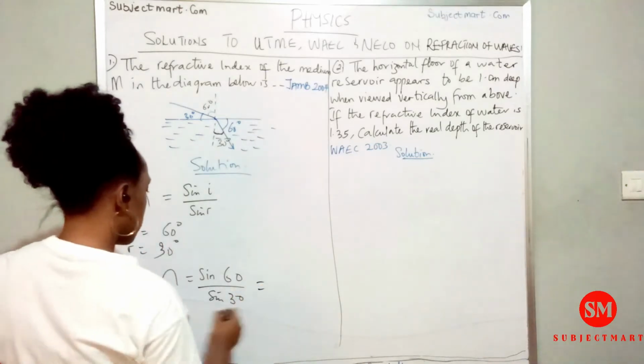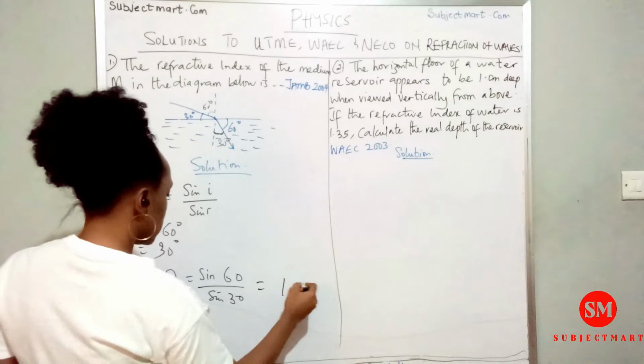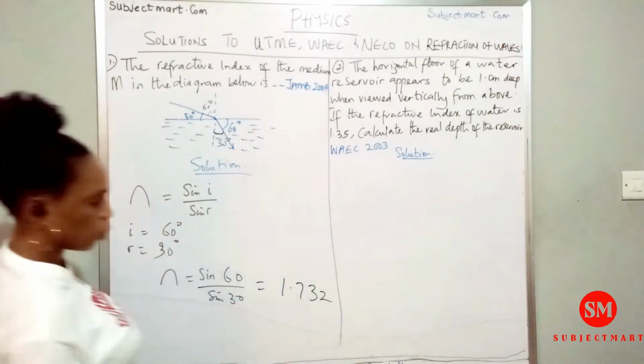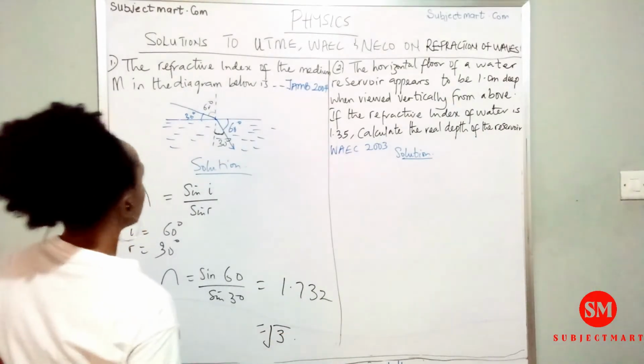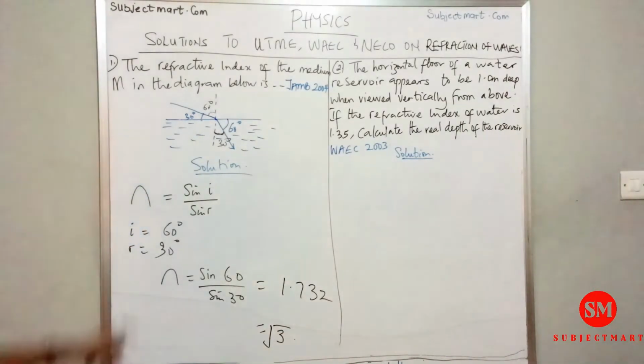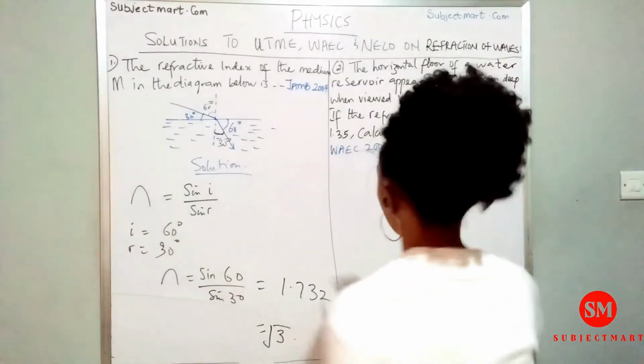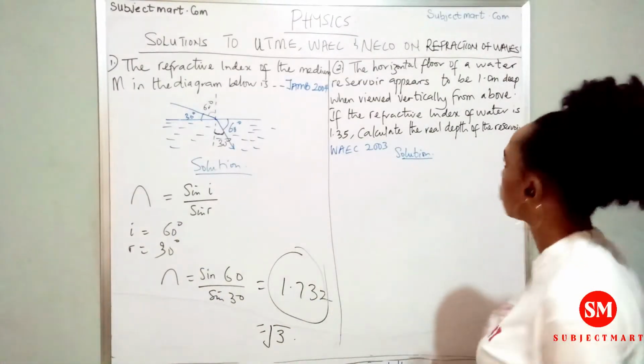Sine 60 over sine 30 will give you 1.732. In short form, I can write it as root 3. So the refractive index of this medium is 1.732 or root 3.